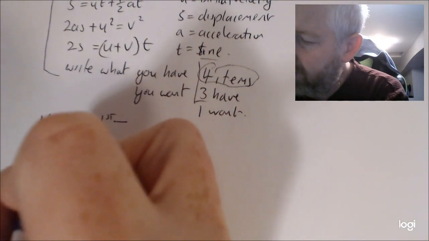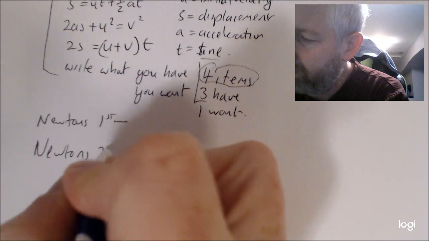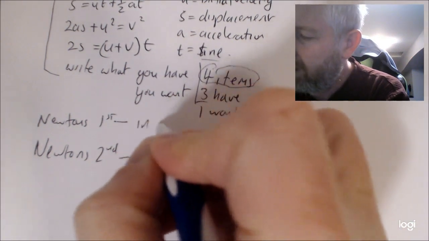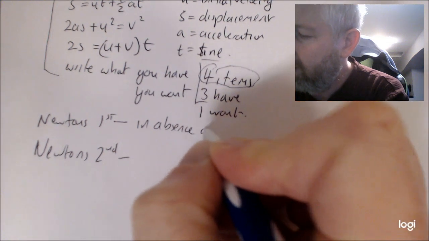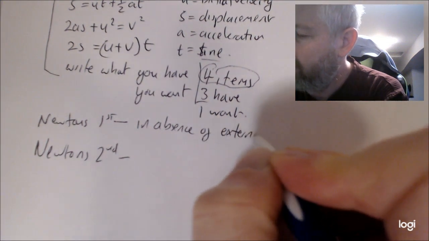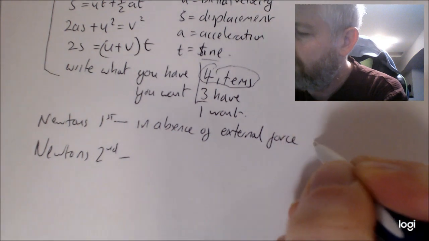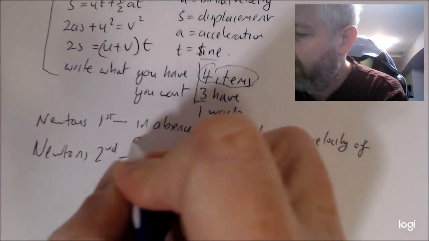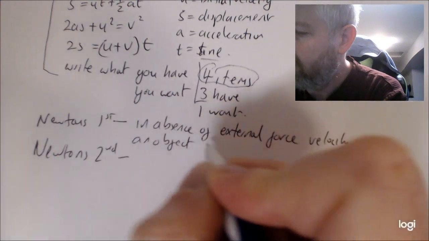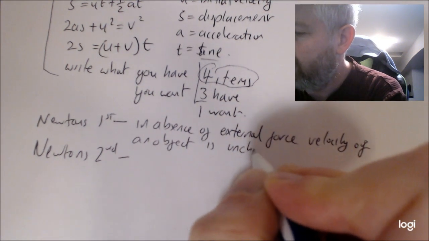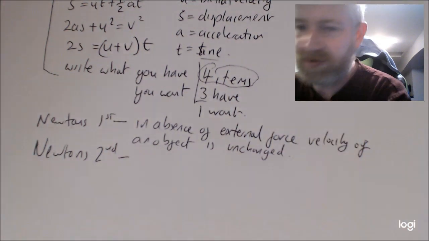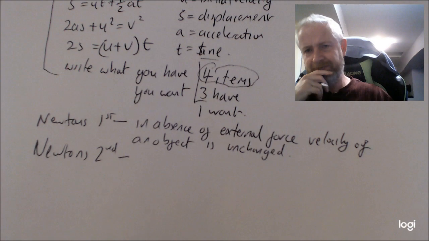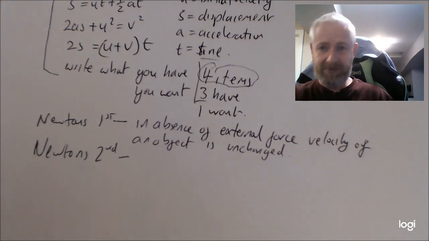We got Newton's second law. Let's put this: in absence of external force, velocity of an object is unchanged. Now, that's probably as small as we can make that definition there. Okay, so then we get Newton's second law.